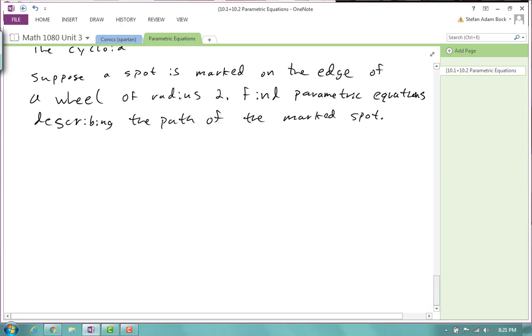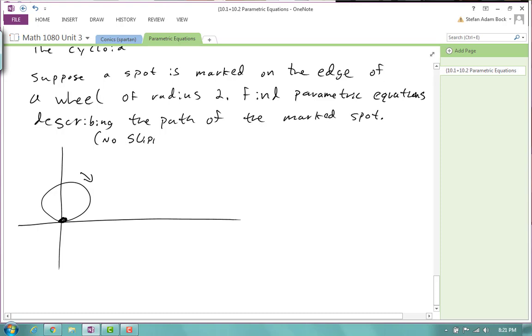So for simplicity, I'm going to start with the spot on the ground. Then as the wheel rolls without slipping, let's add that, no slipping, the spot is going to be at a different height relative to the ground.